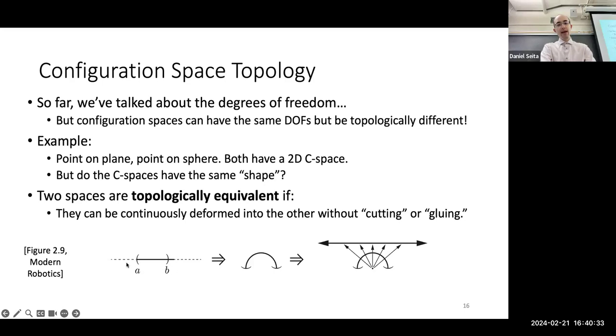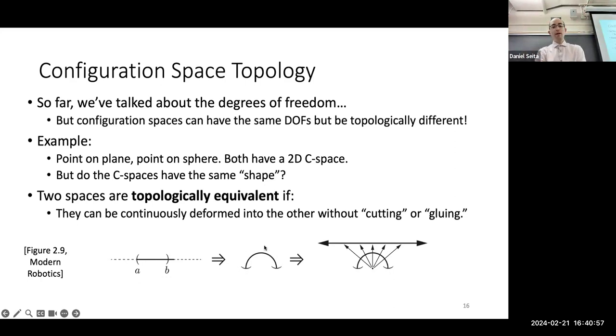If you have this open interval, A, B, but it doesn't include the endpoints, then one thing you can do is specify it as an open half circle.